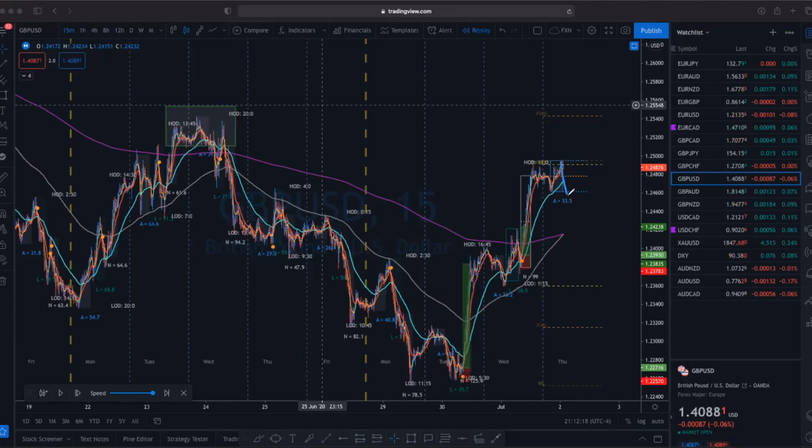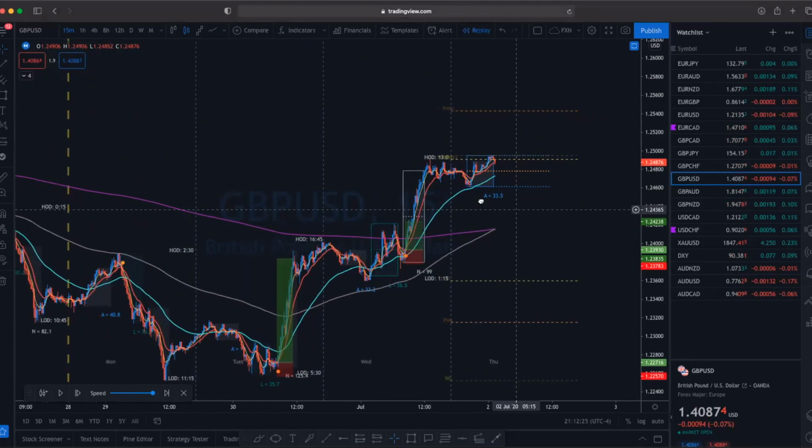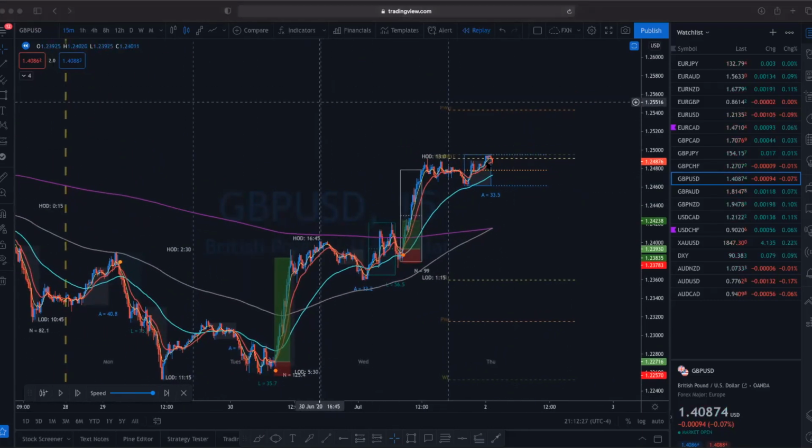Hopefully, if it does something like this, you can get another buy. But also be aware that if it doesn't do that, if it does something like this, you might get a short-term sell that does the pullback. And then you can go back up again.